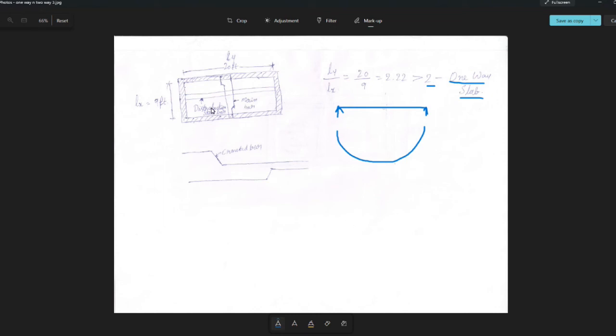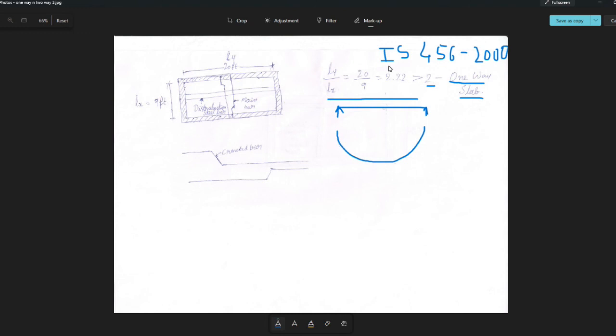So that is why, for the calculation to decide one-way and two-way, we need to look at this ratio, and this ratio is mentioned in IS 456:2000.